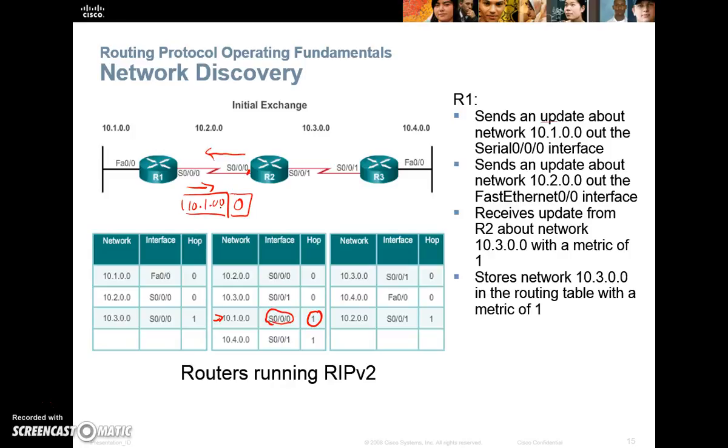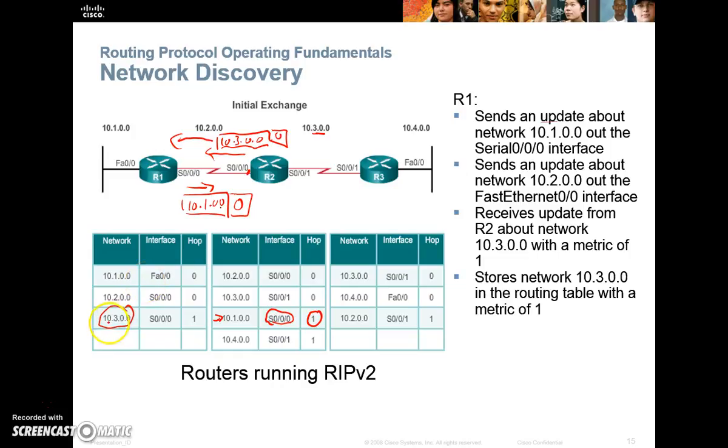Next, R2 will also send a routing update to R1. R2 will tell R1 that I'm connected to the 10.3.0.0 network, this network, and this network is 0 hops away. He will send it to R1. And similarly, when R1 receives the update, he will update it in the routing table.